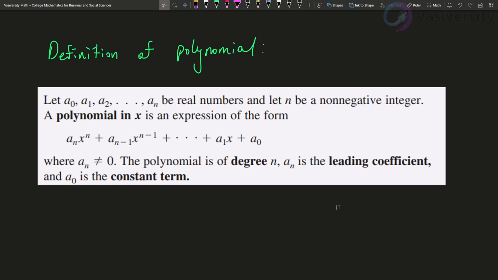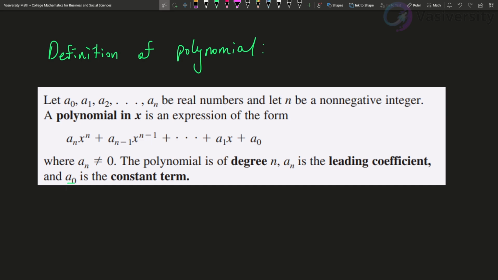A polynomial in x is an expression of the form a sub n times x to the n plus a sub n minus 1 times x to the n minus 1, etc., all the way to a sub 0, where a sub n is not equal to 0. So we call this a polynomial of degree n, where a sub n is the leading coefficient, and a sub naught is the constant term. Okay, so this is a constant, right? So in front of the x to the n, or in front of every x, we have just a constant term.